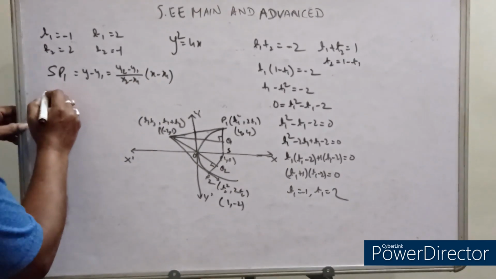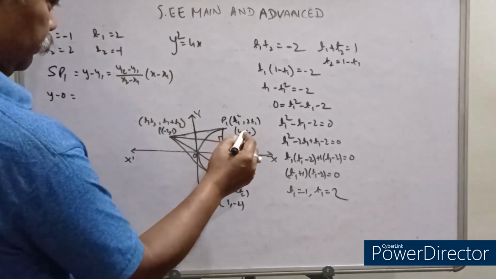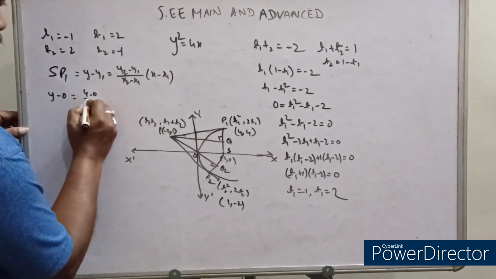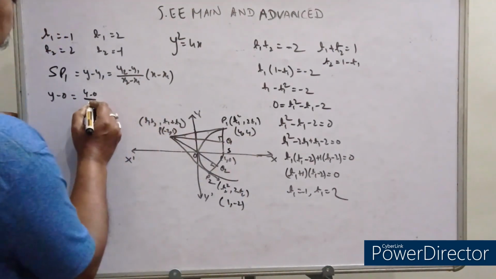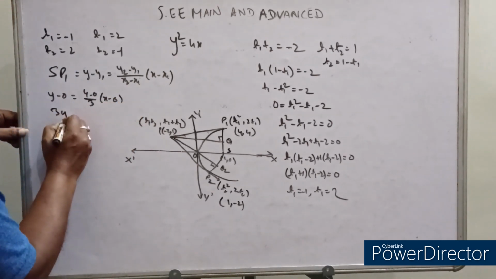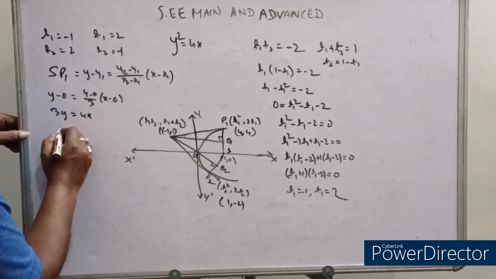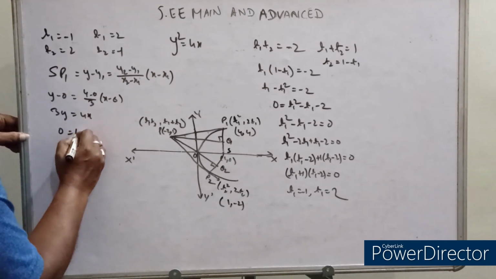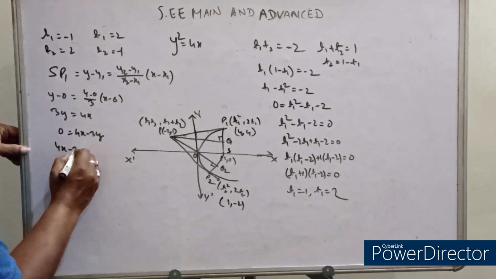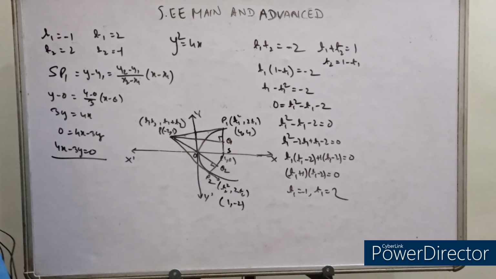So here y minus 0 is equal to (4 minus 0) by (4 minus 1), that is 3, times (x minus 0). So 3y is equal to 4x. So this will be 4x minus 3y, so 4x minus 3y is equal to 0. This becomes the equation of SP1.